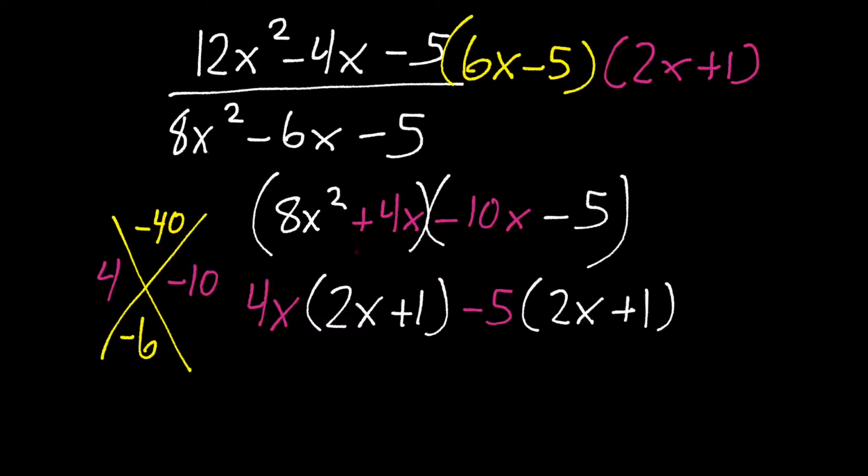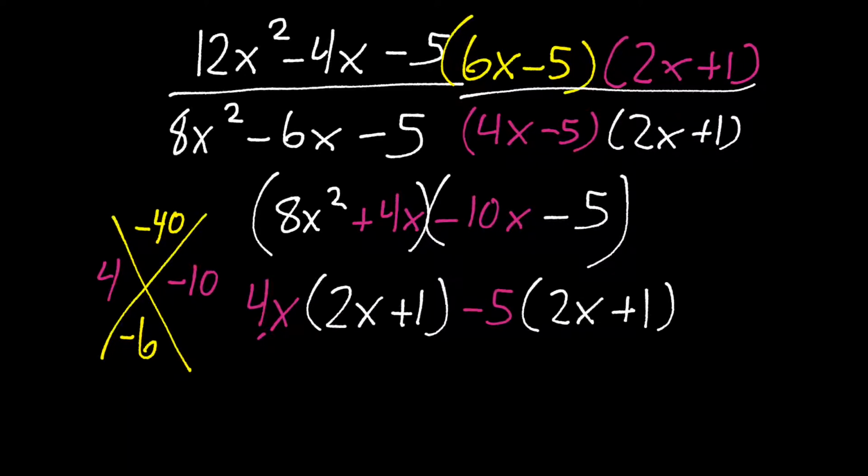Now we can do our last bit of factoring, take these away from both of our purple terms, and our factored form turns out to be 4x minus 5 times 2x plus 1. And then I'll move this up here. And now we have factored our equation.